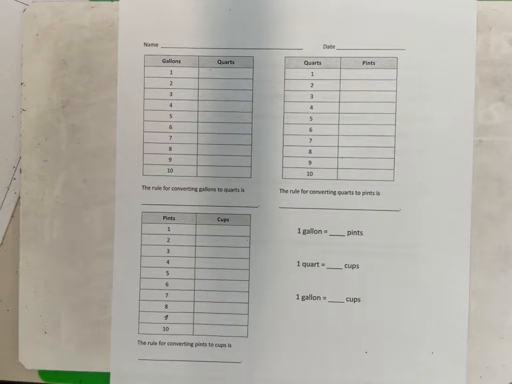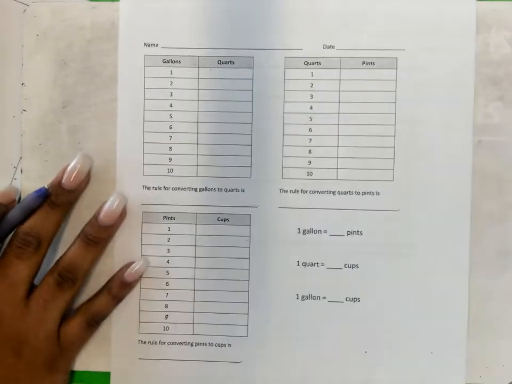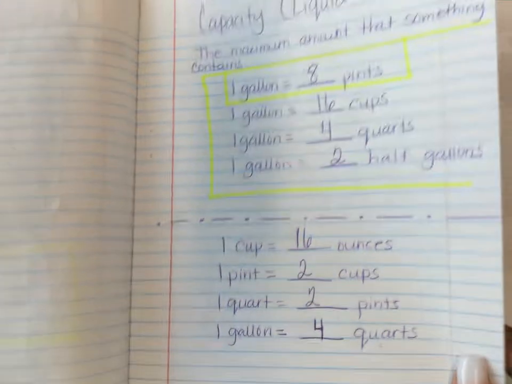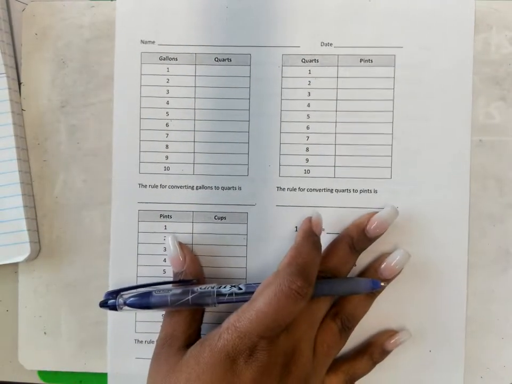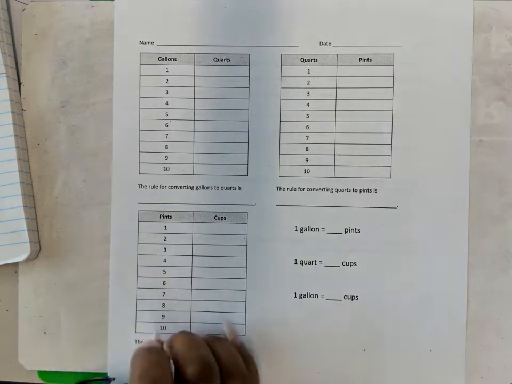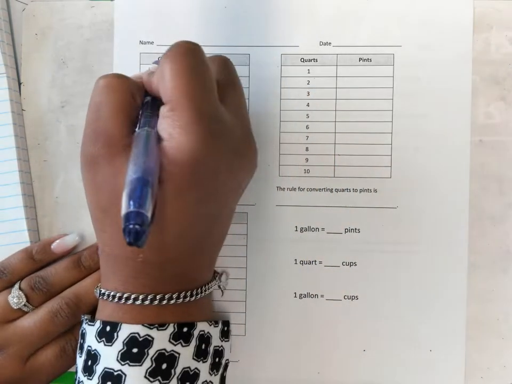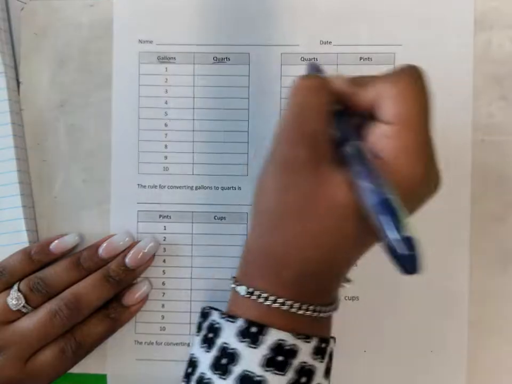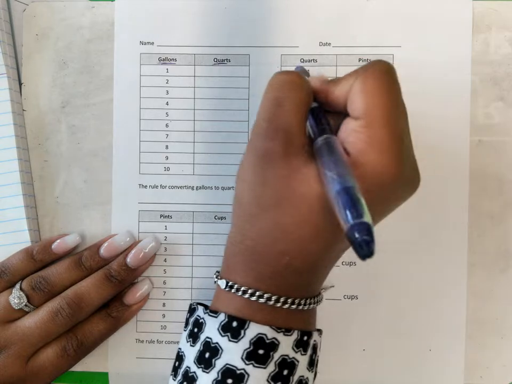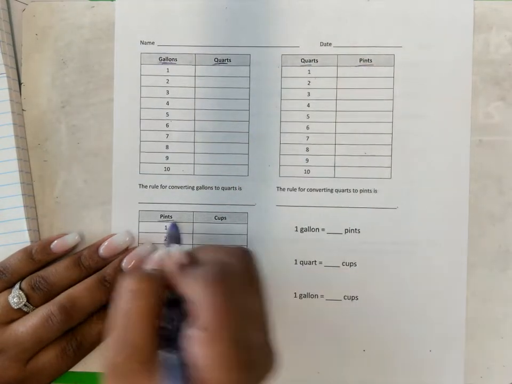I have right here my handy dandy conversion chart, and this sheet is just showing you how to come up with your rules for converting your units of measurement. In this case, we have gallons to quarts, quarts to pints, pints to cups.